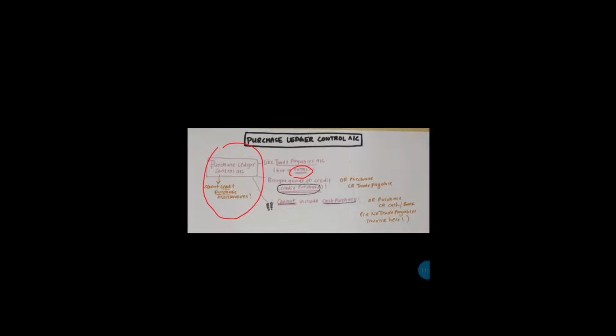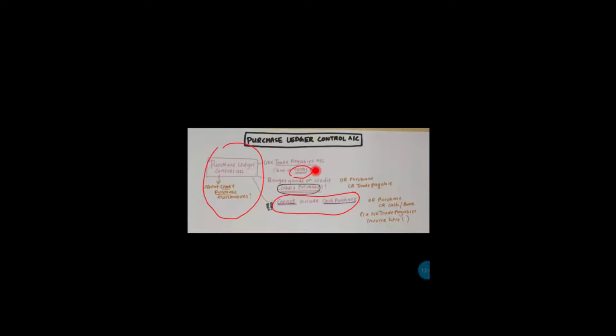So take note here again, it cannot include cash purchase. I repeat again, purchase ledger control account is about credit purchase. So that's why it is exactly the same as the trade payables account format, but in total. So let's take a look.